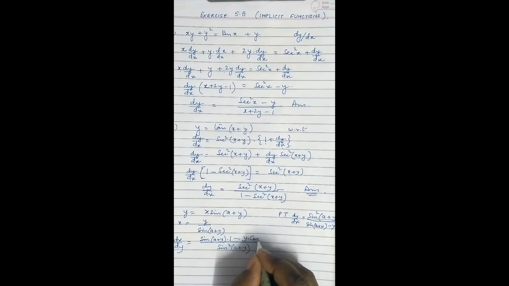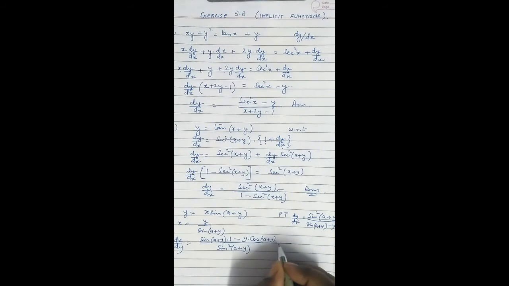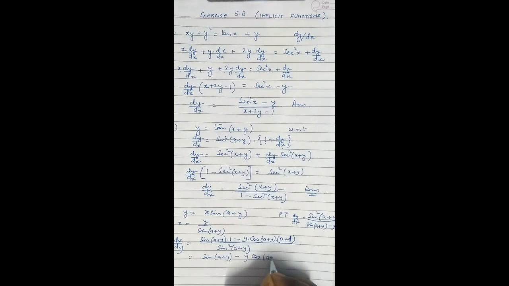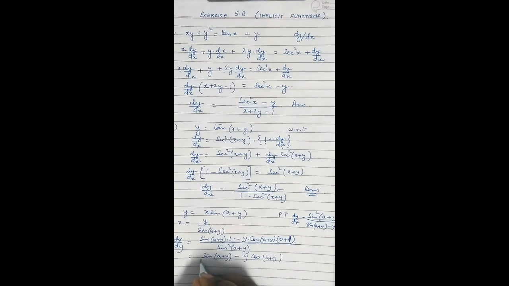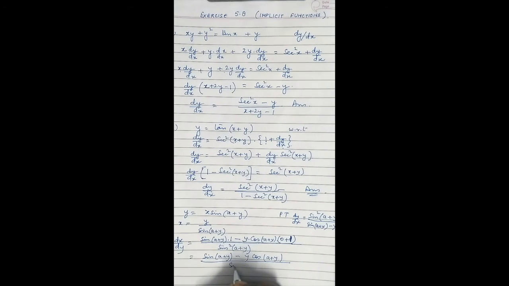So that is differentiation of cos of what? (a plus y) into, now it's inside also, so therefore I'll have 0 plus 1 over here because I'm doing it with respect to y. It's a composite function. Now when you open this up, sine of (a plus y) minus y cos of (a plus y) whole upon sine square of (a plus y).